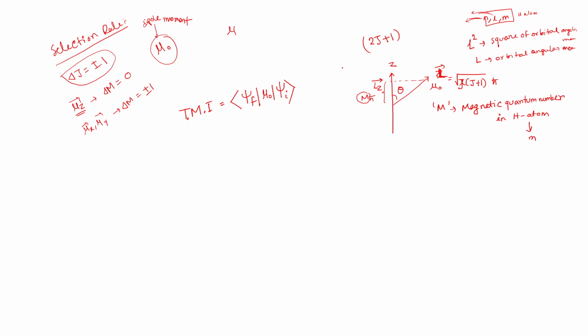Should it be 0 for an allowed transition? It should be not equal to zero. Yes, very good.